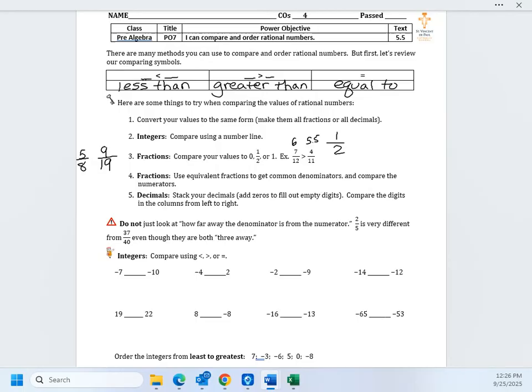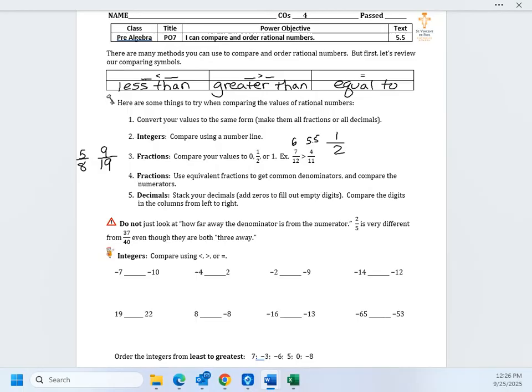So I might need to find the common denominator. It's hard to find that common denominator with those ones. We don't have to actually do that math. But I'm just letting you know, sometimes comparing it to that 0, half, and 1 doesn't work, and we need to do common denominators. So sometimes you do have to do that work.